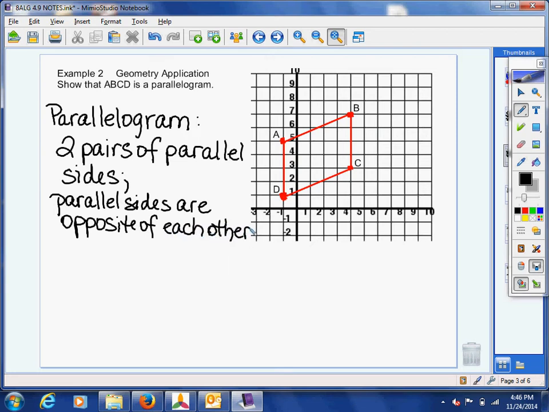Just to recap, a parallelogram has two pairs of parallel sides, and the parallel sides are opposite of each other.